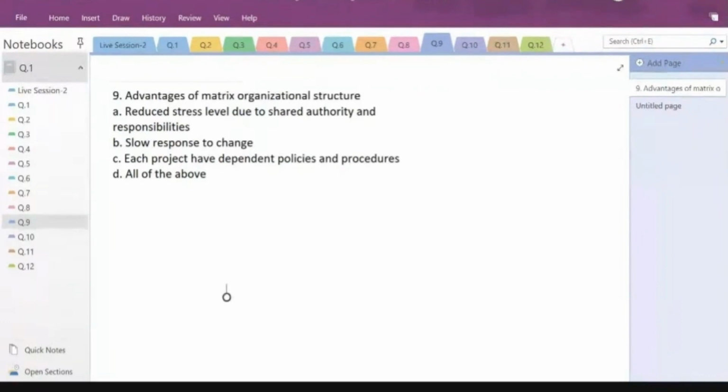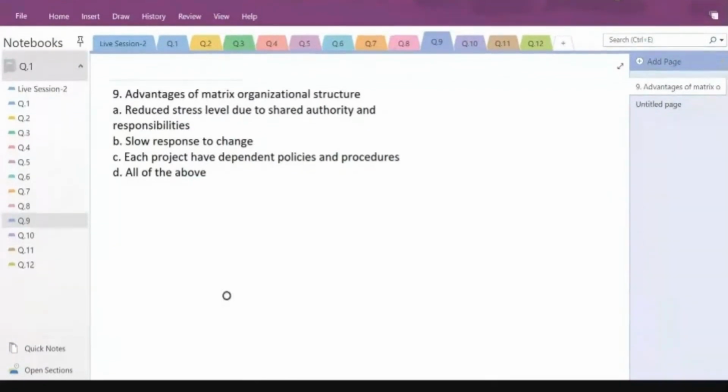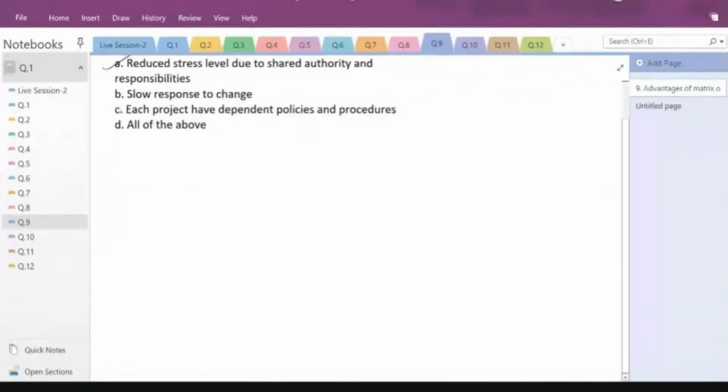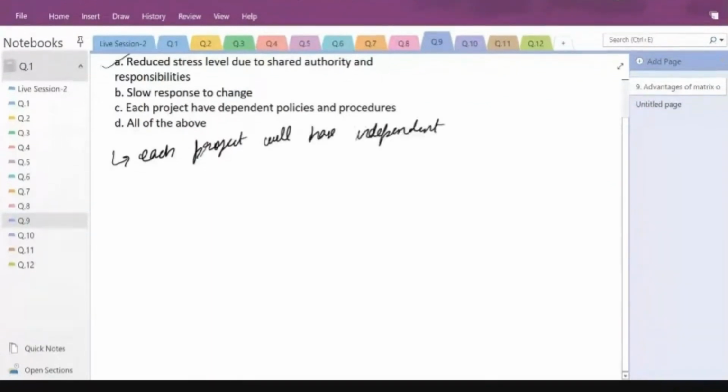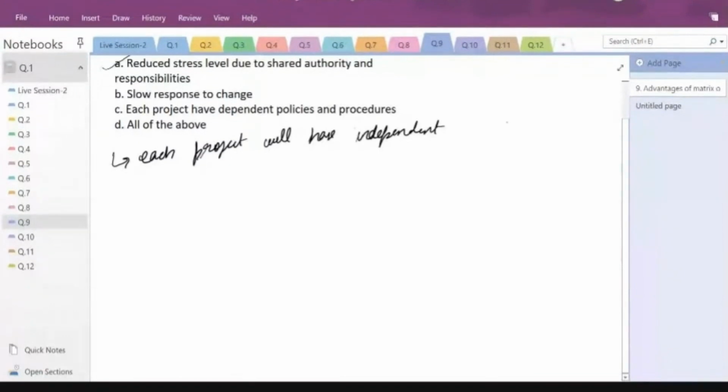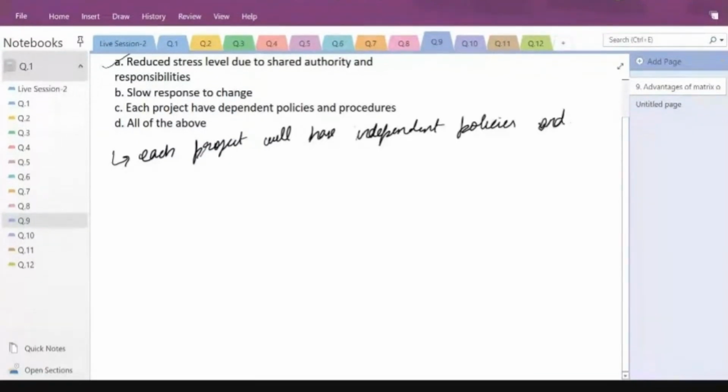Yes. So here I'll discuss in detail, first is the correct answer A. Here in a matrix organization, each project will have independent policies and procedures.